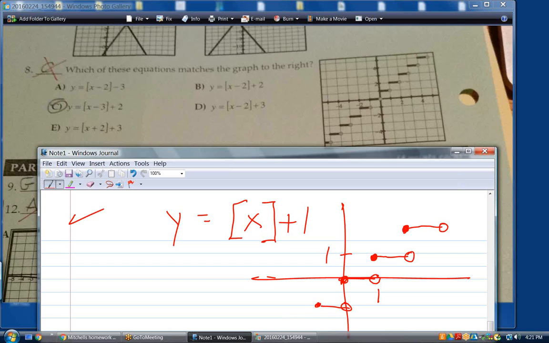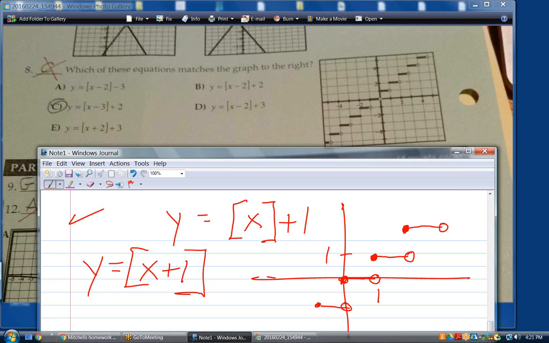The other way I could get this function is to start with this function and shift it left by 1, correct? In other words, another answer would be this. A left shift means that. Okay, you with me?